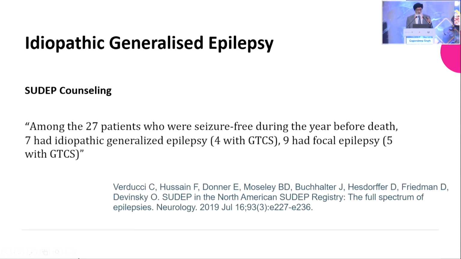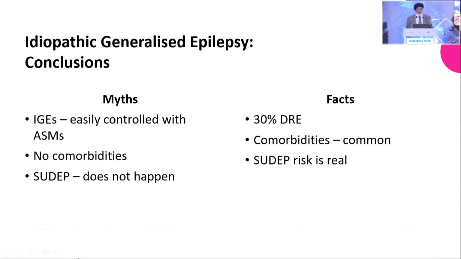I am not going to talk about these two, but this is my concluding slides. And ladies and gentlemen, there is a myth. People generally believe idiopathic generalized epilepsies are easy to control. In fact, as I presented some of the evidence from literature, 30%, 1/3 of them can be drug resistant.